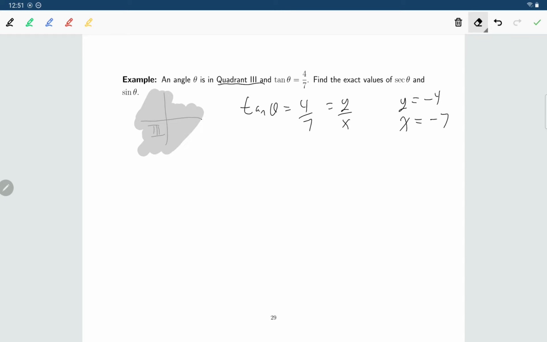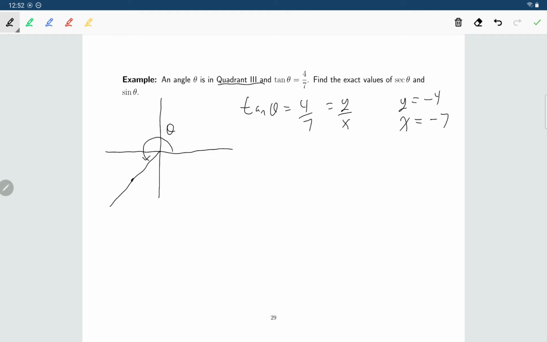I'm actually being a little bit loose here when I say that the y value must be negative 4 and the x value must be negative 7. That's not strictly true. It is true, however, that for that angle, negative 4 for y and negative 7 for x would be a point on that terminal side. But of course, we could have taken any other point that happens to be on that line.